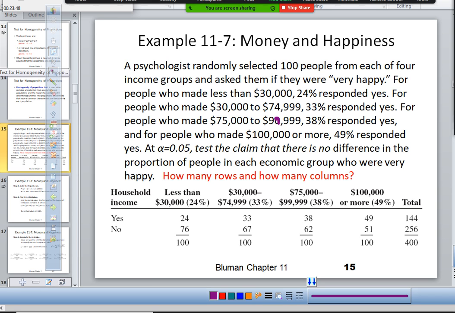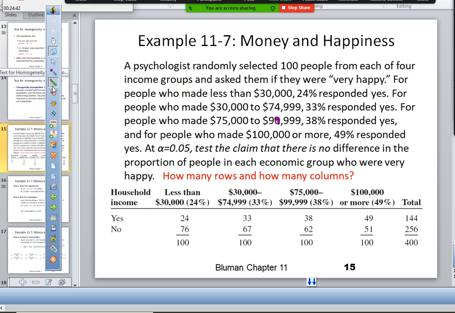Eight people, that's it. I should hear from a couple more people. How many rows, how many columns? Wake up, folks. All right, so if you didn't answer, that means you're not here.